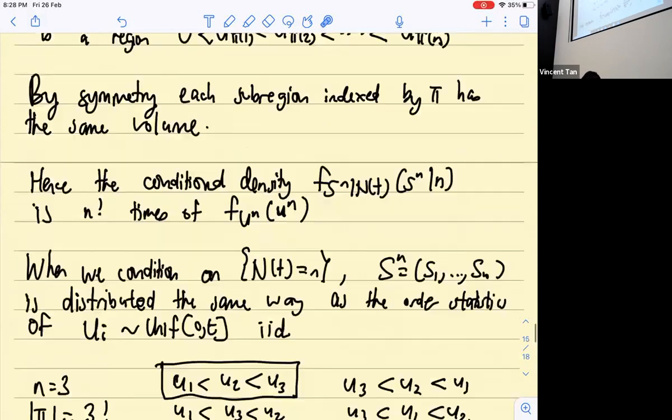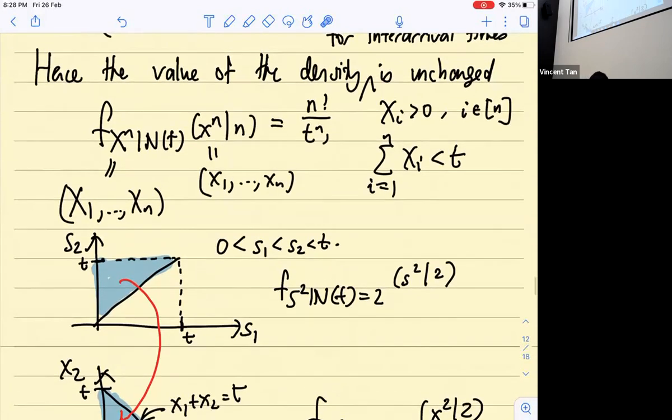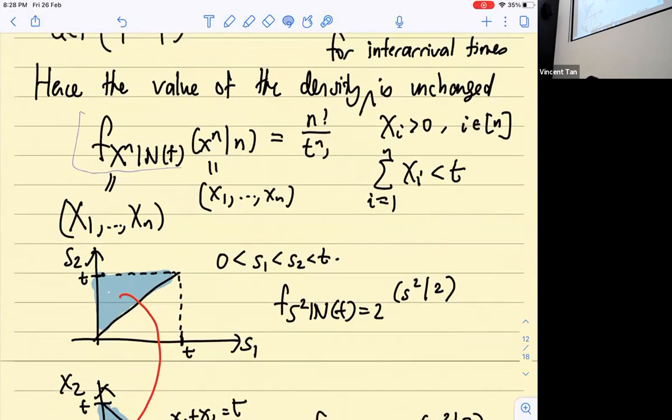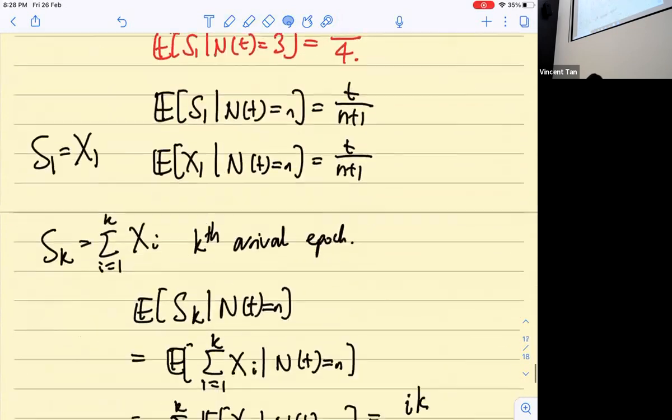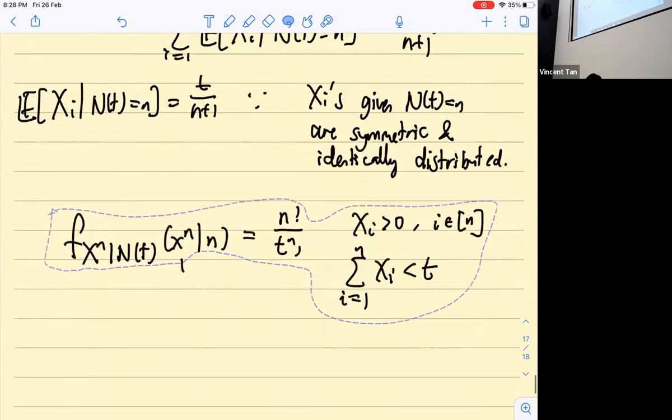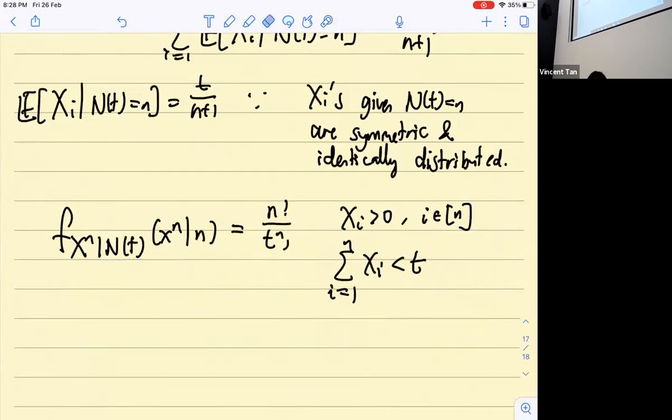Because when we derive the density of x, right here, you see that this is completely symmetric in the x. If I replace x1 with x2 and x2 with x1, nothing changes. There's symmetry among the x's. There's no symmetry in the s because s2 must be bigger than s1. All right?